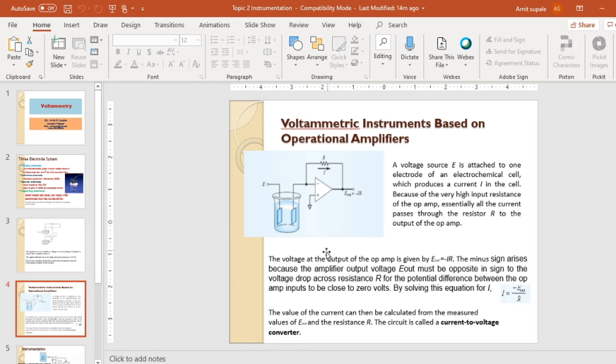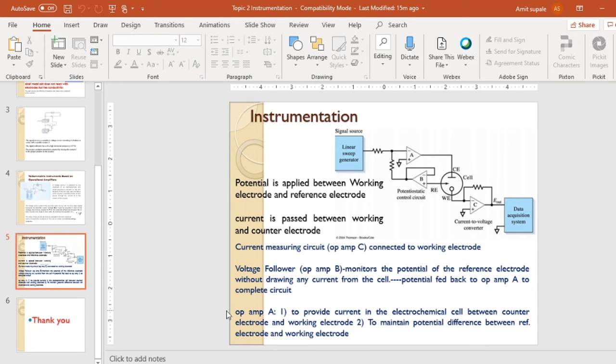The minus sign arises because the amplifier output voltage must be opposite in sign to the voltage drop across R. Solving, I equals minus E out divided by R, so the current can be easily calculated by measuring the output voltage. This circuit is called a current to voltage converter, and this basic operational amplifier circuit is used in the instrumentation of advanced voltammetry.